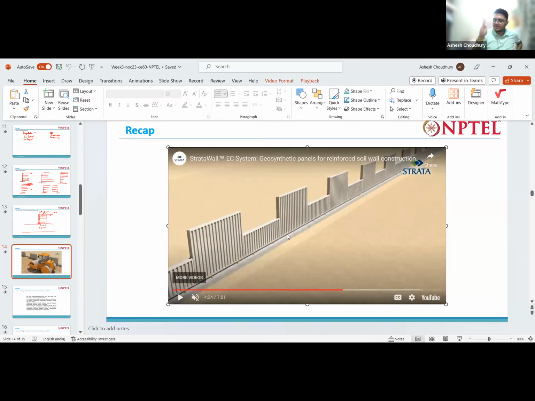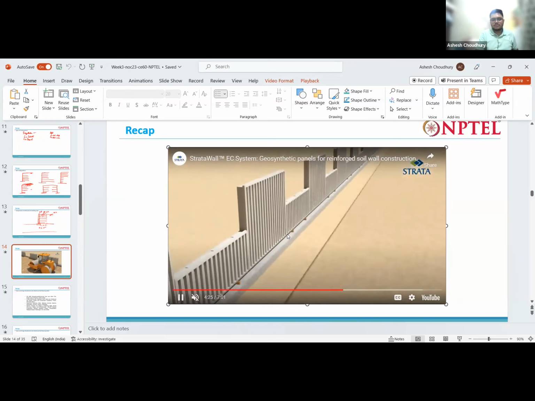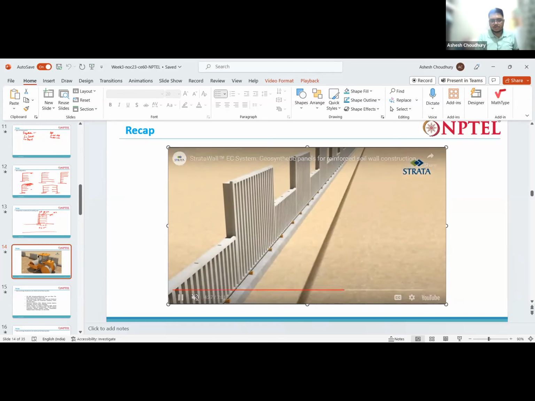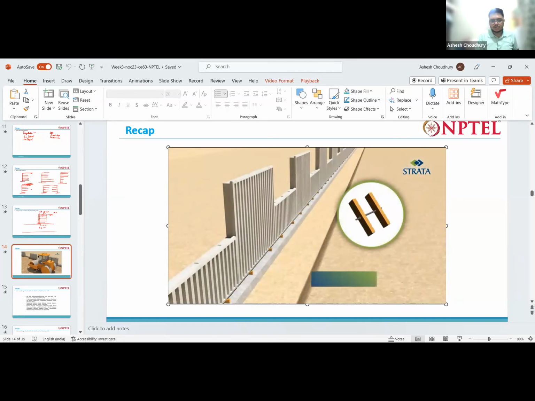Generally a little bit of batter is given towards the soil, because after the soil is filled, it eventually becomes straight. So initially a little batter is given towards the inner side.